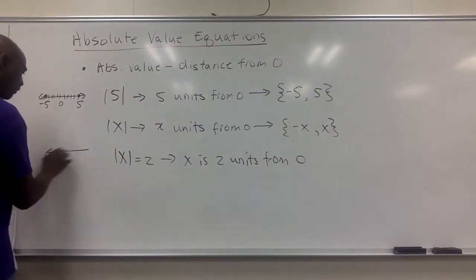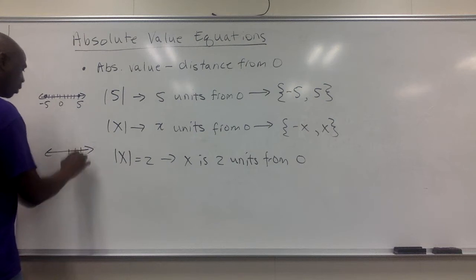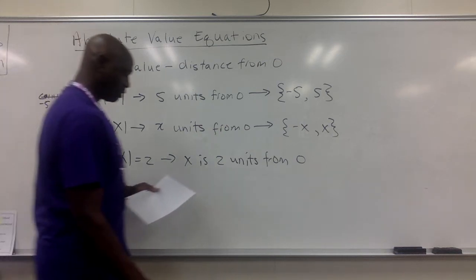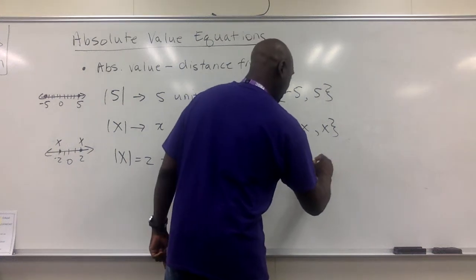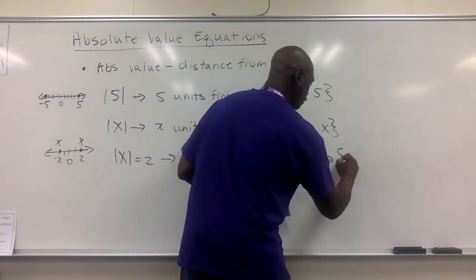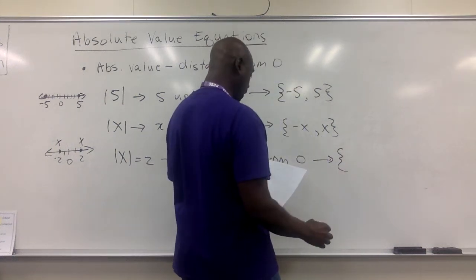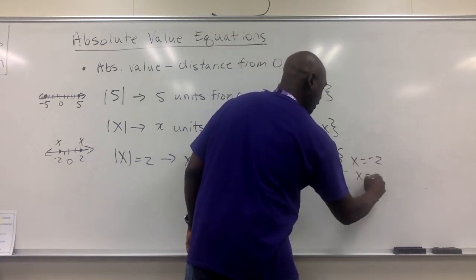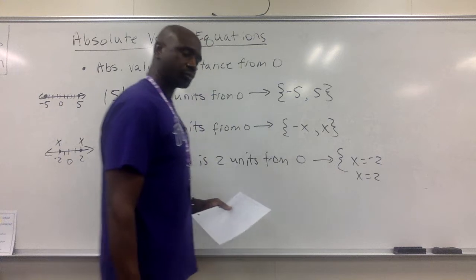Again, on the number line, if there's 0, 2 units this way, I would have an x. 2 units this way, I would have an x. So I'm really saying that x is equal to negative 2 or x is equal to positive 2.